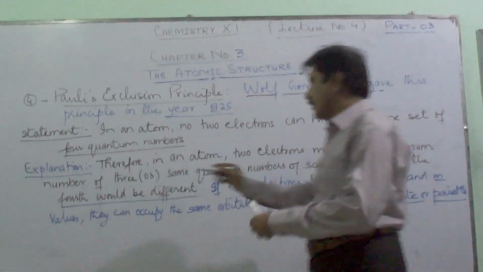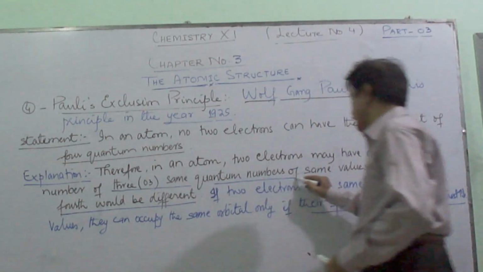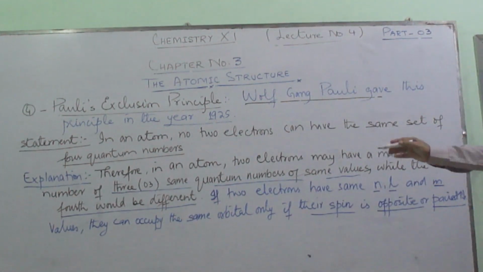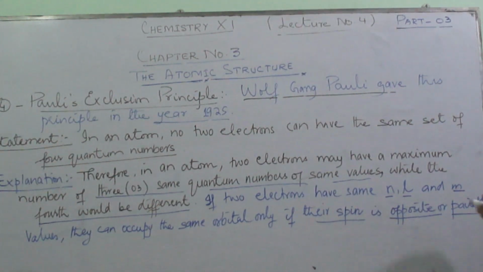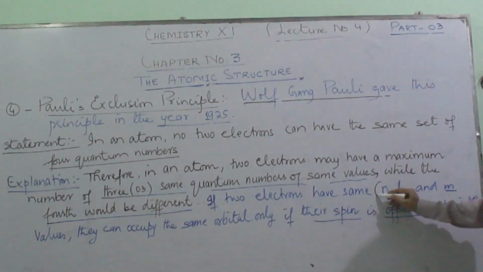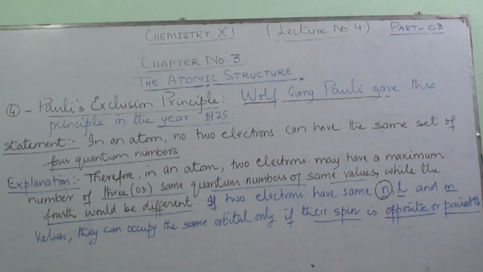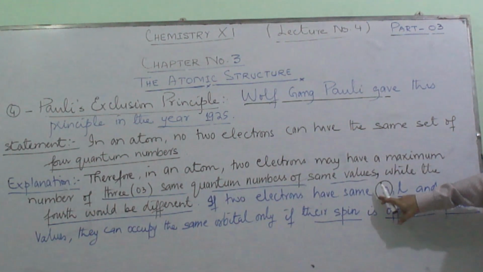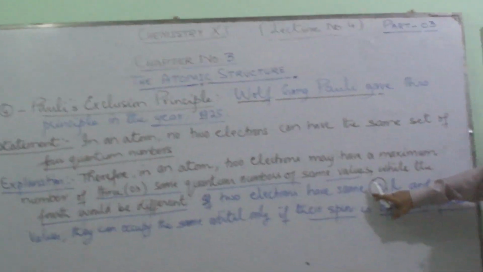If I want to explain this statement, I say in an atom, two electrons may have maximum number of 3 same quantum number values, while the fourth would be different. Means for two electrons, principal quantum number may be same. If they have same principal quantum number value, means they can have their place in the same shell.